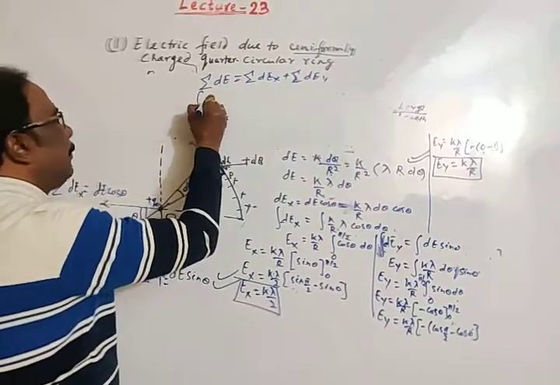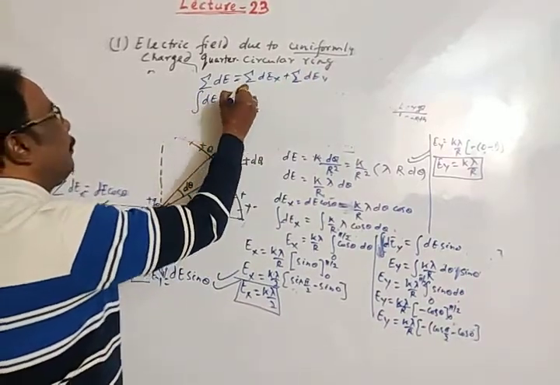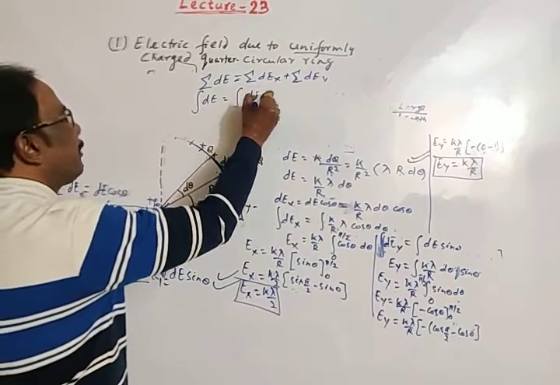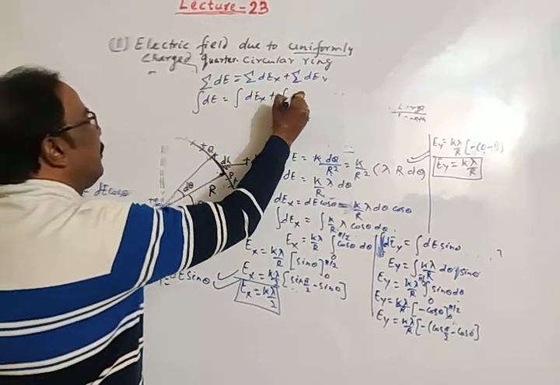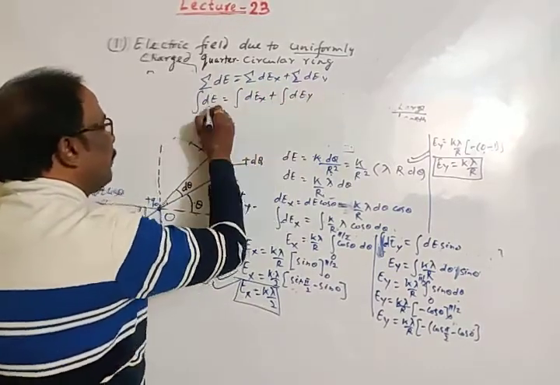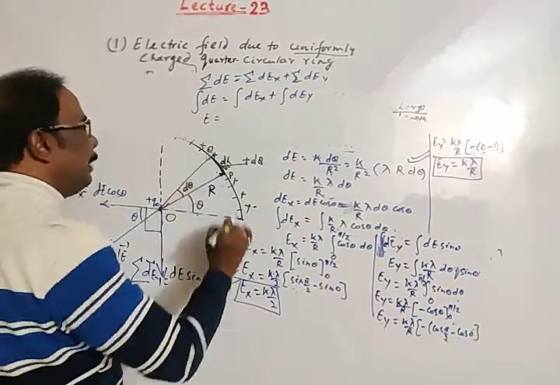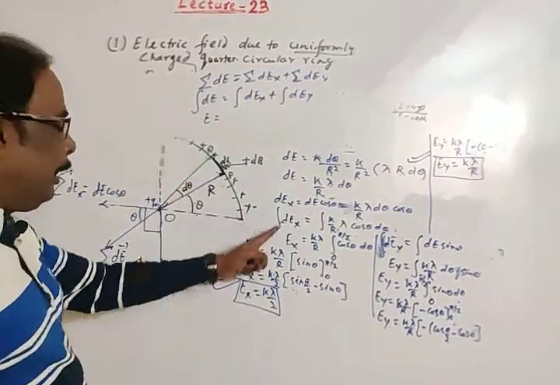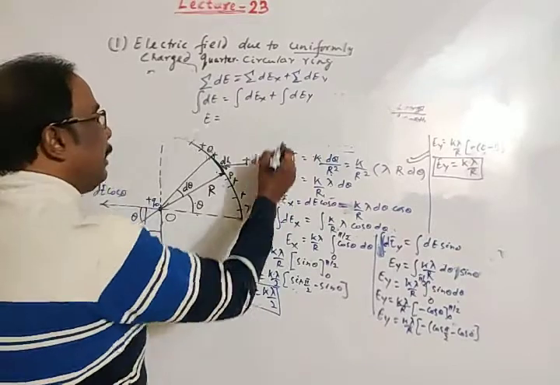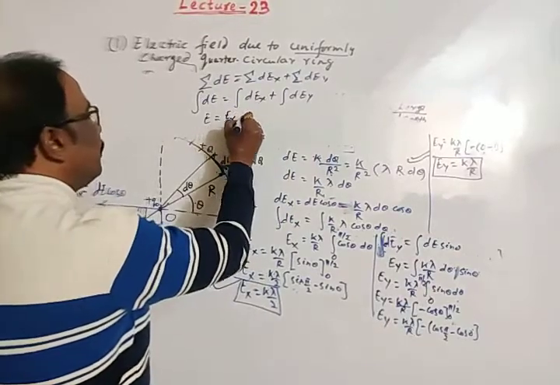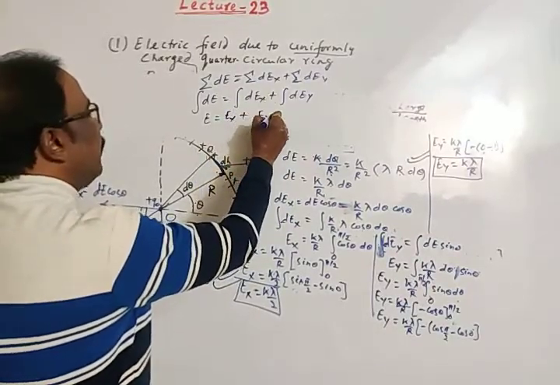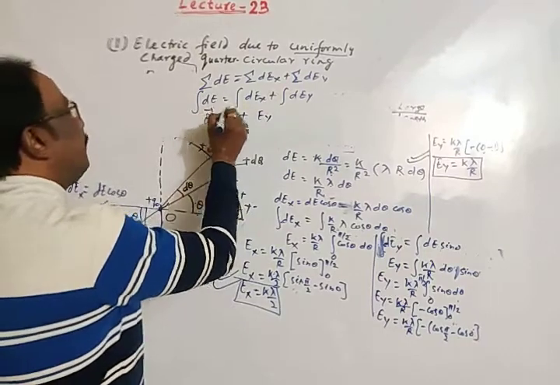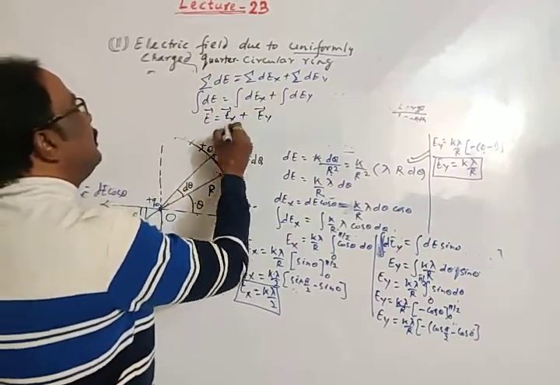Then integration of dE is equal to integration of dEx plus integration of dEy. Then the resultant electric field E is Ex plus Ey. In vector form, this is Ex, this is Ey.